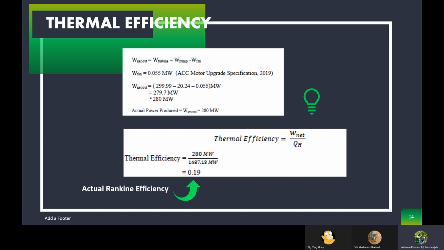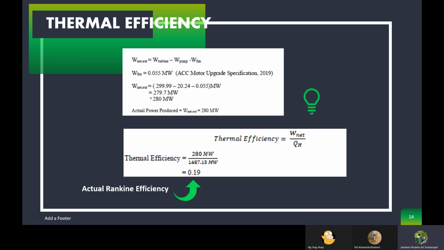So by all the analysis made, we can finally determine the thermal efficiency of the designed steam power plant. The W net out is given by the formula where the work of the turbine minus the work produced by the pump and the fan. The work of the fan in this case is from the heat exchanger, as we are using an air-cooled condenser, where there will be a fan to induce the air for the cooling process.